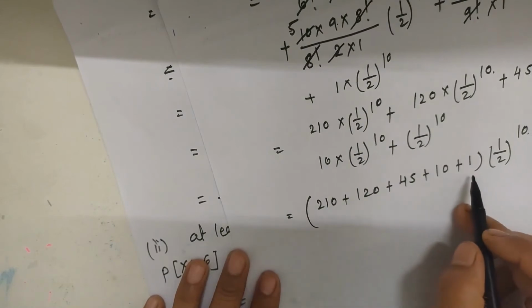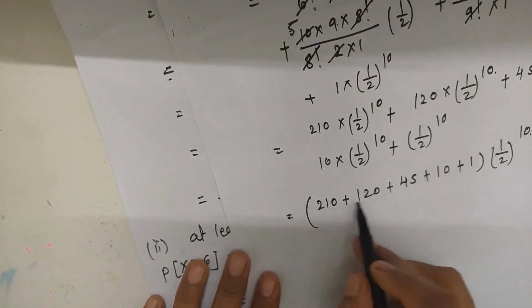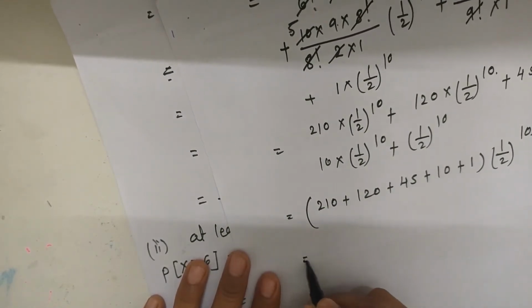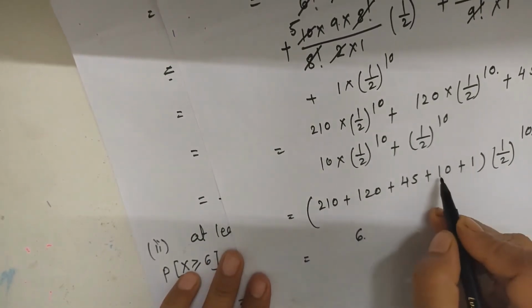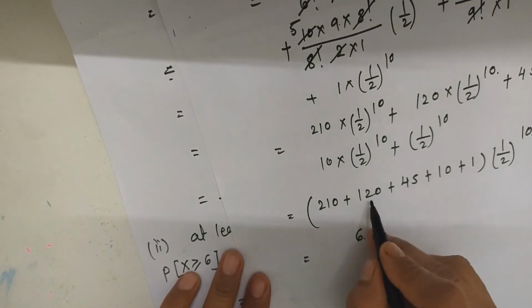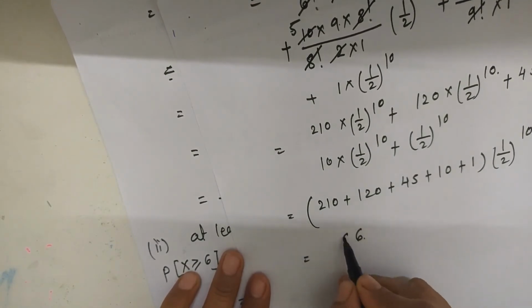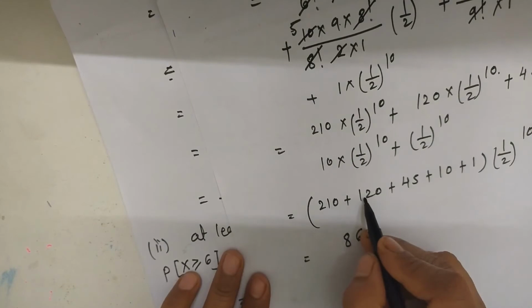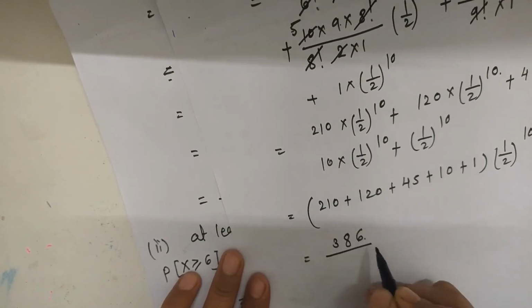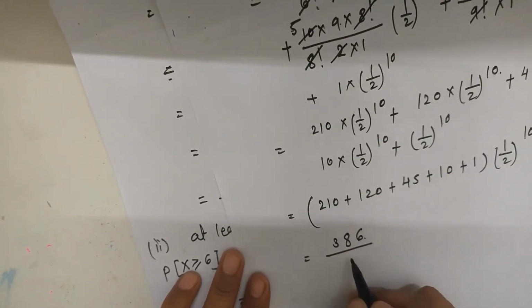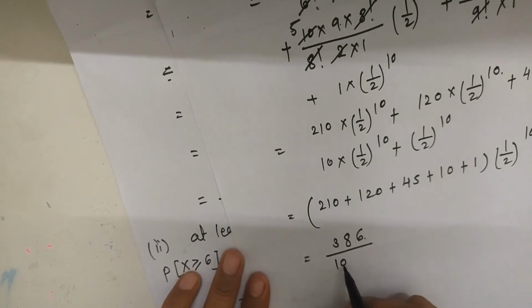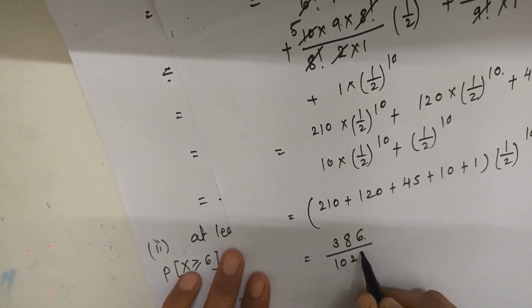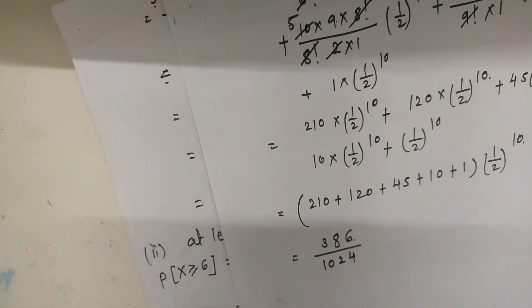Now addition of all these terms gives 386 into 1 by 2 raised to 10, that is 2 raised to 10, and the value of 2 raised to 10 is 1024.